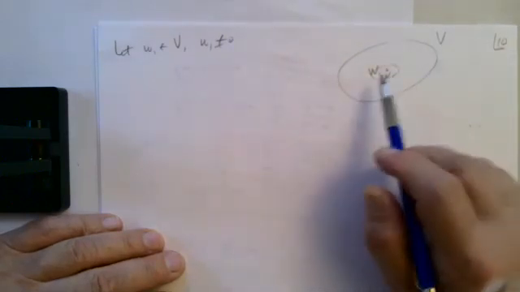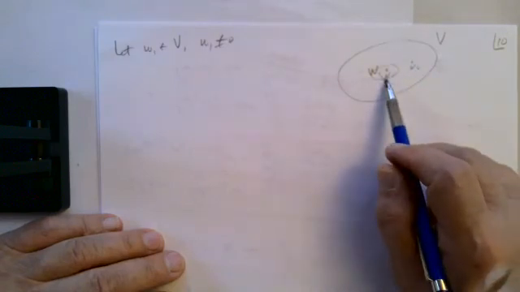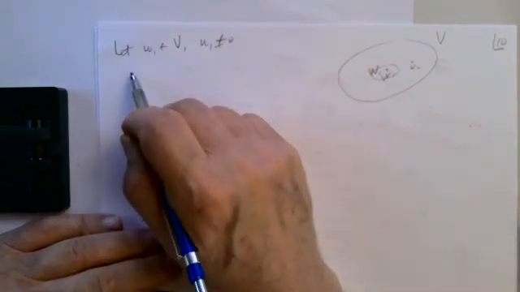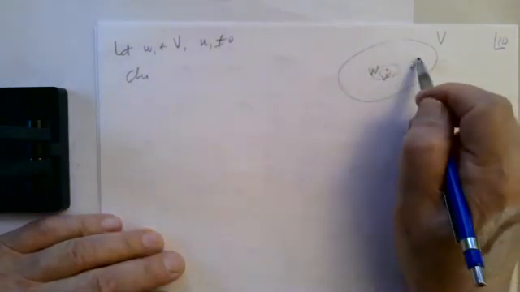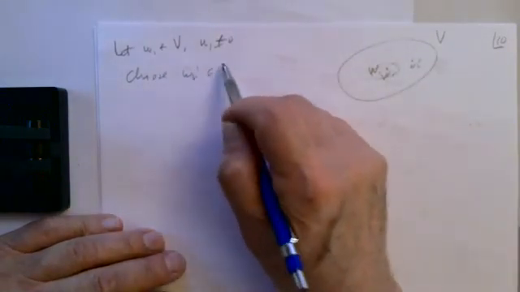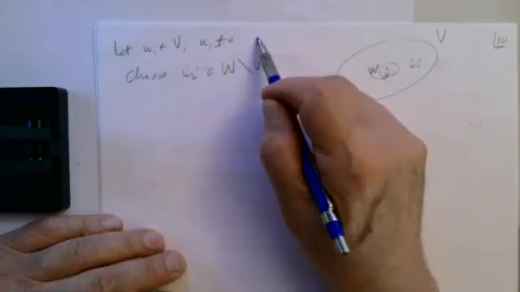If V is not one-dimensional, then there's a vector which is not in this subspace W1. So I'll call it W2 prime. So choose W2 prime in V, but not in W1.